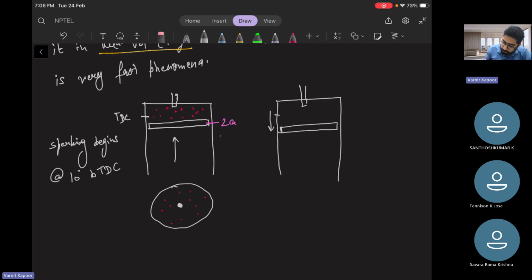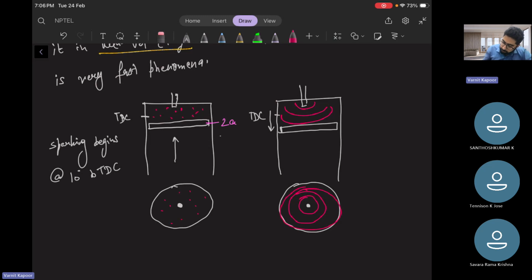Okay, from the top dead center, TDC, the spark has already begun, and the fuel has started to burn, and flames are trying to form. So if you see from the top, this was your spark, and the flames are inside the cylinder in this scenario.